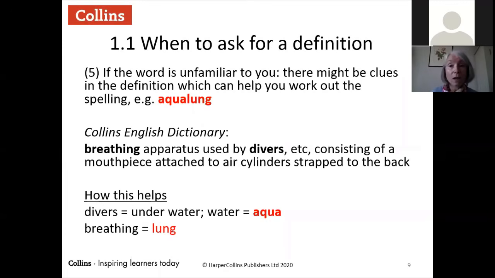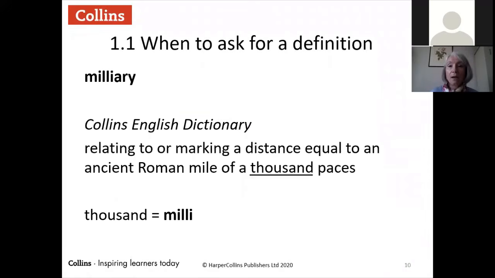They won't give you the answer, but if you think about the clue in the definition, it can be very helpful. So if I was to ask you to spell the word miliary, which is a very archaic word now, the first thing we would do would be to say, what's the definition? And this is the definition. Relating to or marking a distance equal to an ancient Roman mile of 1,000 paces.